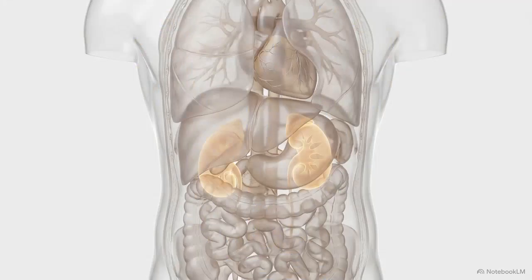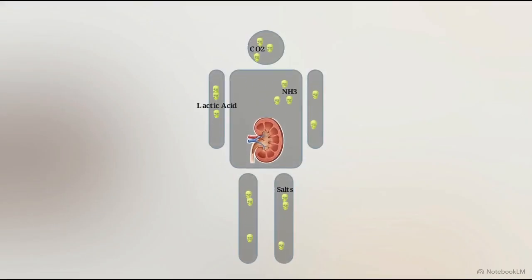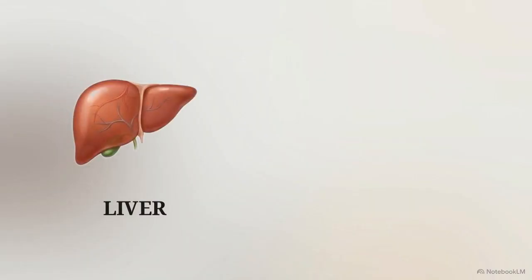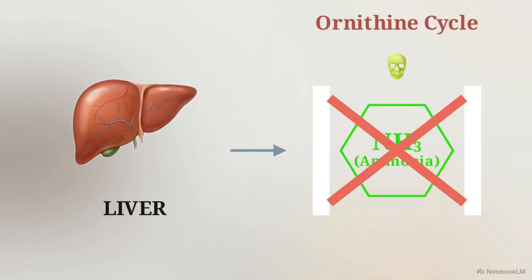Stepping back to the macro level, the kidneys carry a massive load, but they cannot manage all varieties of metabolic waste independently. The liver acts as the body's primary biochemical conversion center. Inside the liver, a critical process called the ornithine cycle neutralizes highly toxic ammonia.